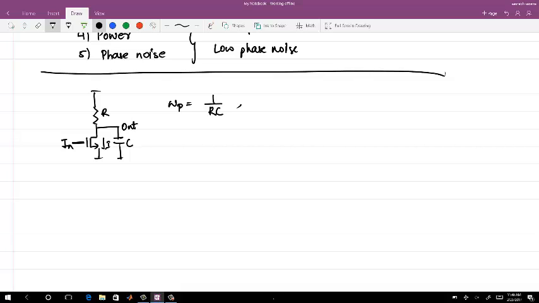As R and C vary, your oscillation frequency varies. If R and C vary by plus minus 20%, then your oscillation frequency varies. This is the byproduct of process variation.